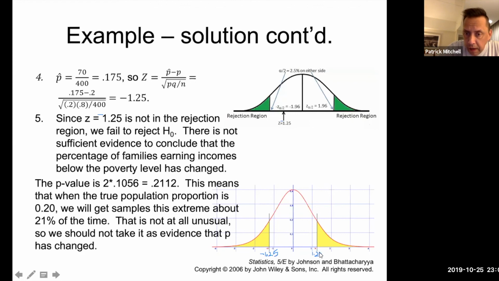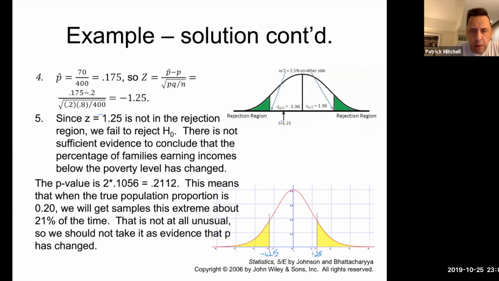Remember what the p-value is. Assuming the null hypothesis is true, what is the probability that you would get a sample as extreme as the one you got? So I wouldn't have cared whether my sample had been below or above the one in the null hypothesis.